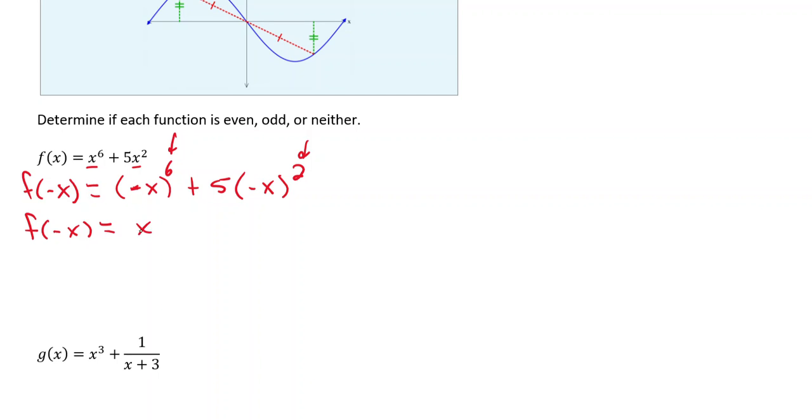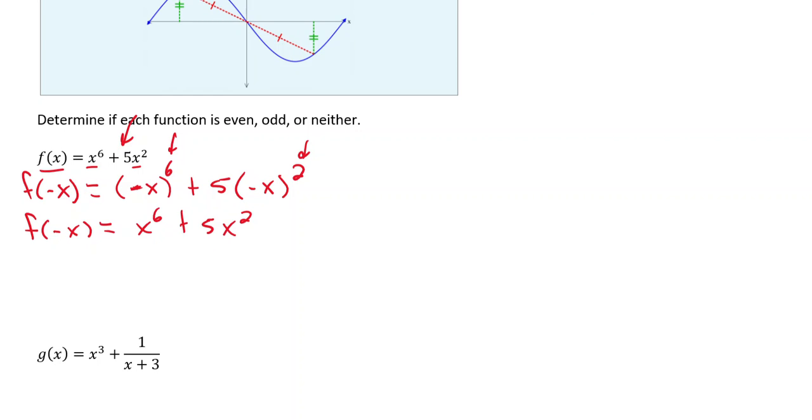So this will become positive x to the 6. It's the same thing with negative x to the power of 2 in the 5x squared term: even exponent again, so this becomes positive. That's the same thing as 5x squared. Do you see how that looks exactly like the original f of x? That means our function is even.